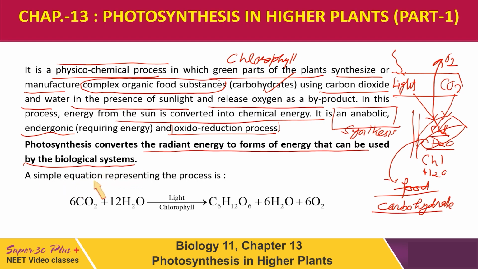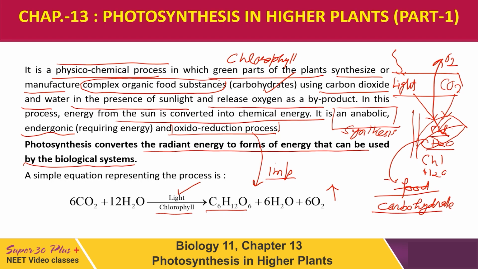A simple equation which can represent photosynthesis we can write: 6 CO2 and 12 H2O in presence of light and by the green part of the plant, carbohydrate will be produced, synthesized, and oxygen is released as a byproduct. You see here, very important is what we mean by oxidoreduction process.